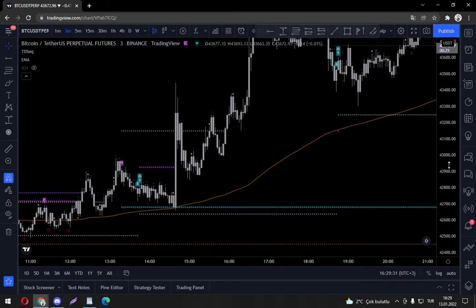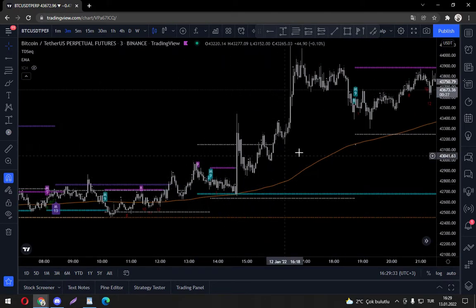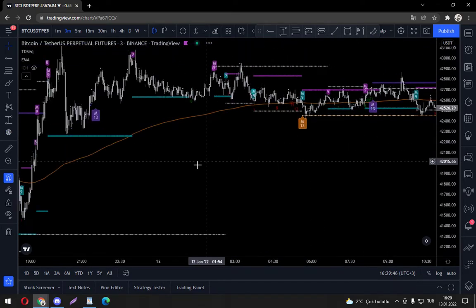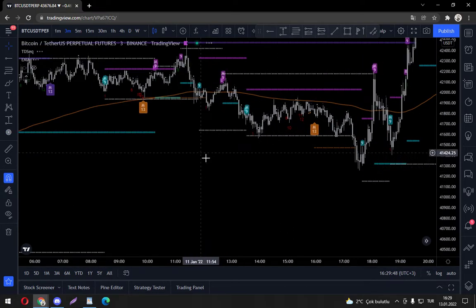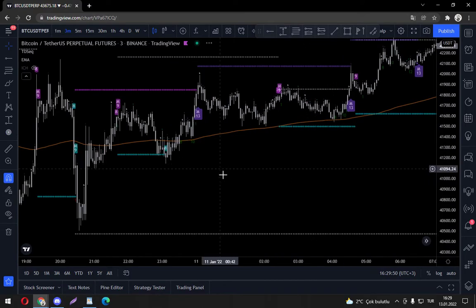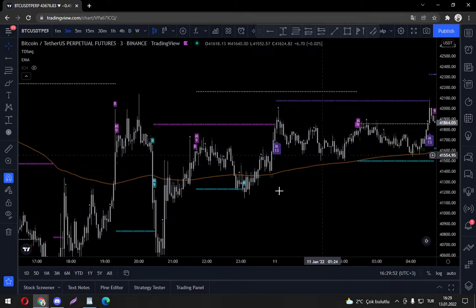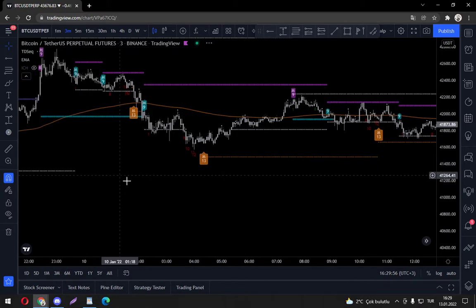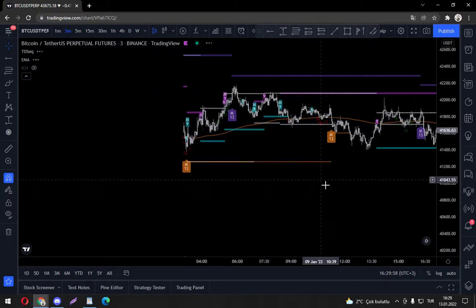But the breakouts happen above the 200 EMA, and as we're trying to identify the trend and not counter the trend, we're looking to buy above the 200 EMA and sell below the 200 EMA. And you can see the bounces off the 200 EMA.